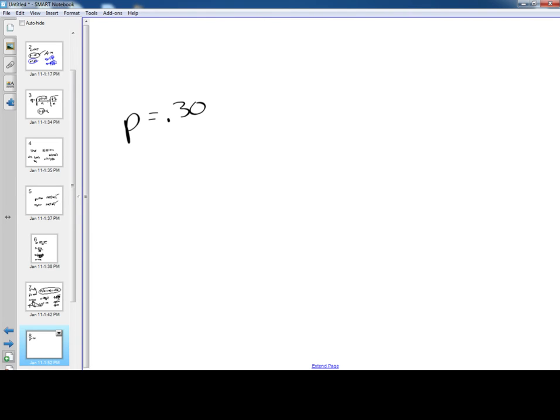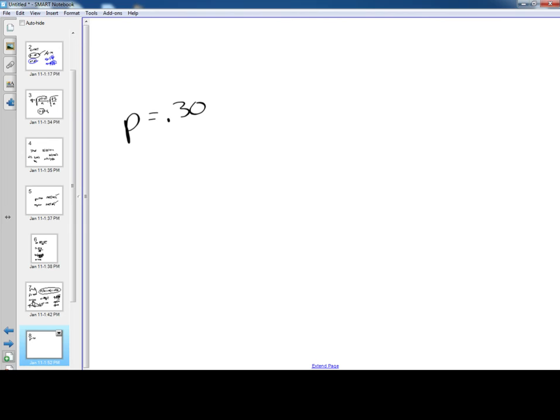So anyways, the question says here, decreasing the sample size from 750 to 375 would multiply standard deviation by which of those numbers? They're taking the sample size and decreasing it.